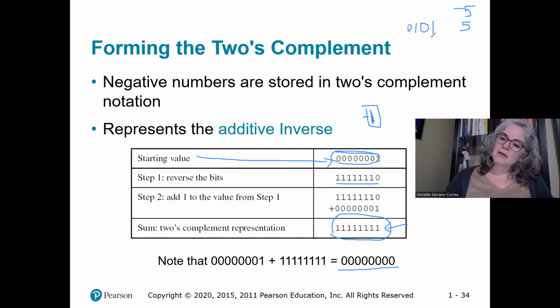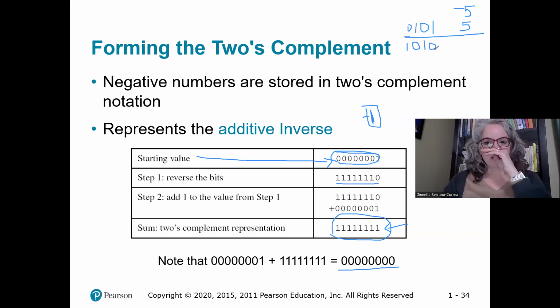So for a negative 5, we're going to take this and first reverse all the bits. 1, 0, 1, 0. This is our original number. After I reverse all the bits, I'm going to add 1 to my least significant bit. So now I have 1, 0, 1, 1. That's my 2's complement. That's it.